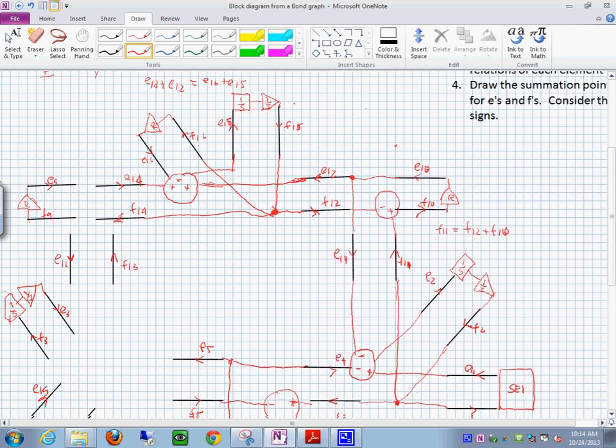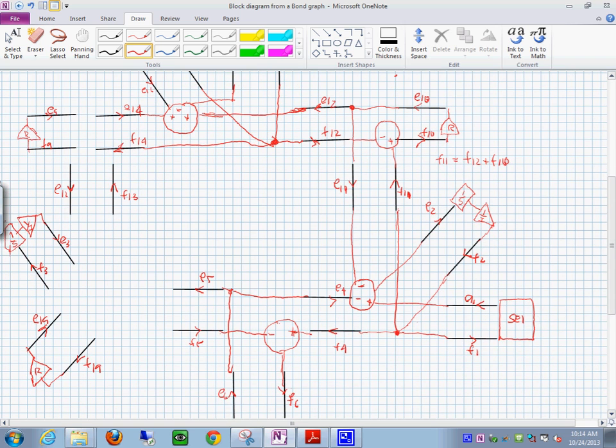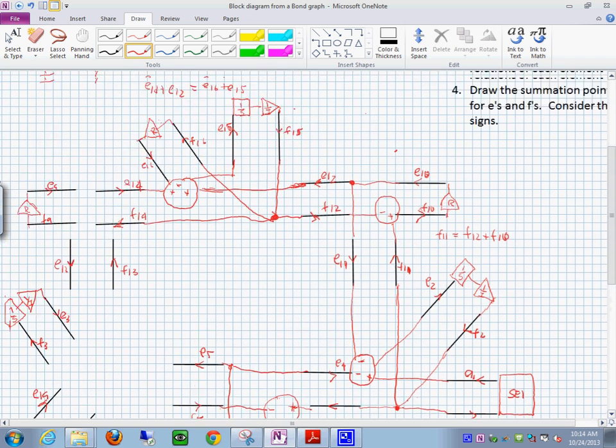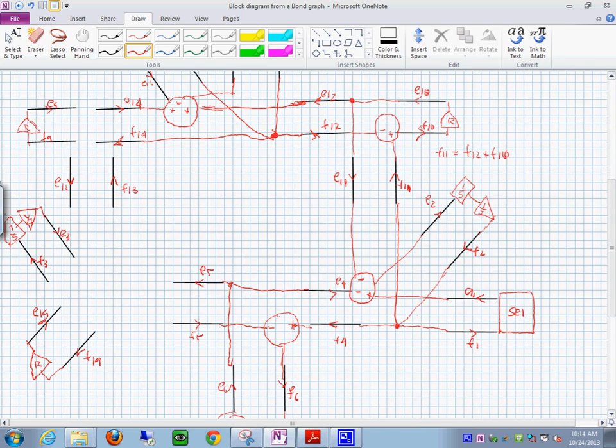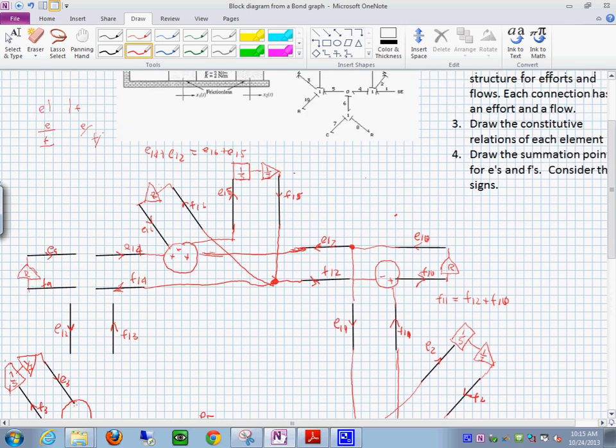And now we have left to do the one on the left hand side, which has 5, 3, and 19, and the flows are the same here. So we go like this, and then this is the same thing over here, and obviously in here we need a summation point over here, connected like that. It connects over here, and do we have a connection upstairs?